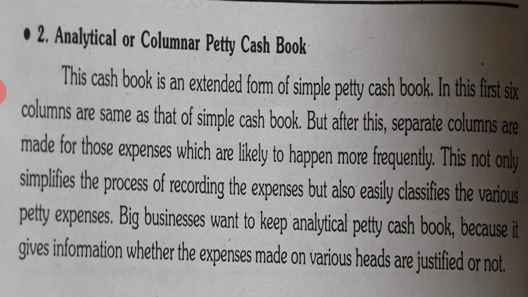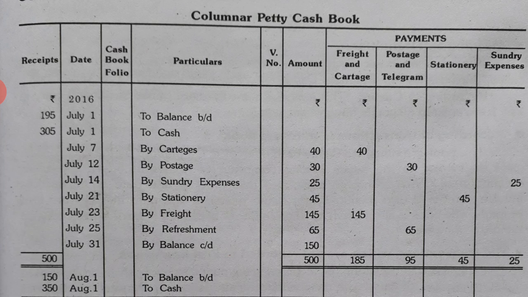Third column can be made for fare, freight and wages of the same type. Fourth column can be made for telephone bill, electricity bill and other bills of the same type. So different columns are made in which expenses of the same nature are shown. You can have a look of columnar petty cash book.